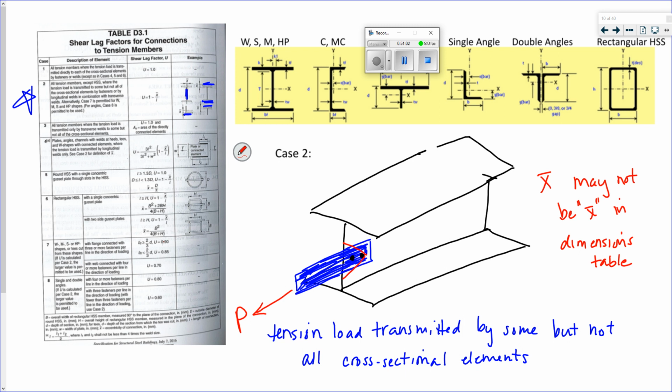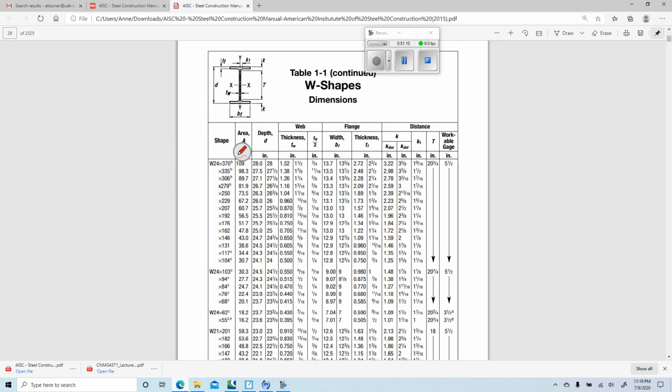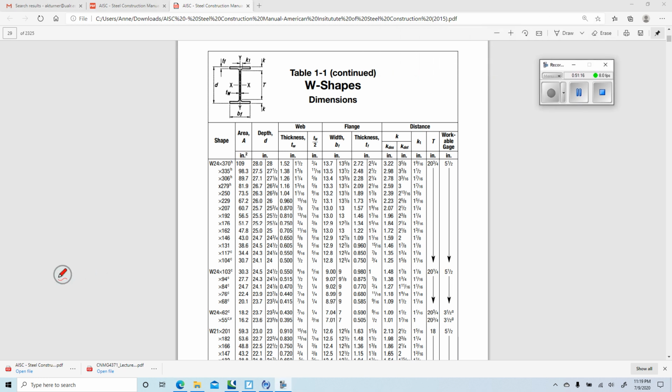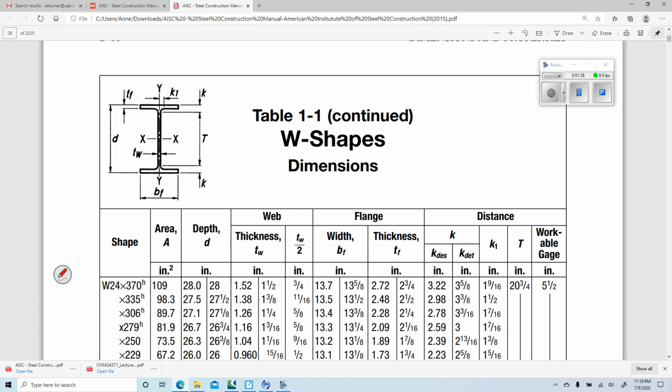It's best, and I'm going to pull up, I have a PDF of the 14th edition, so the page numbers will be slightly different, but if we look at a W shape, your dimensions are in part 1, the very beginning of the manual. I'm looking at, this says like page 1-18. Doesn't really matter. It's got slightly different numbers. But what I want to look at is this little picture right here.